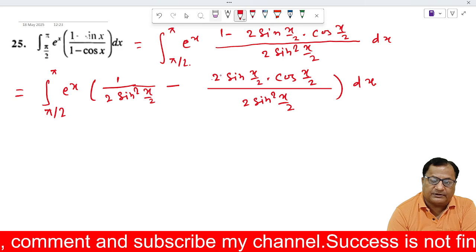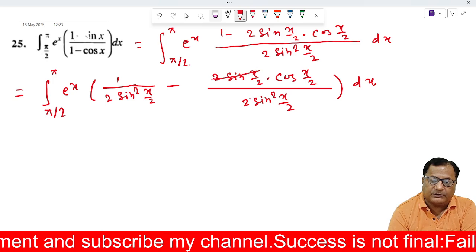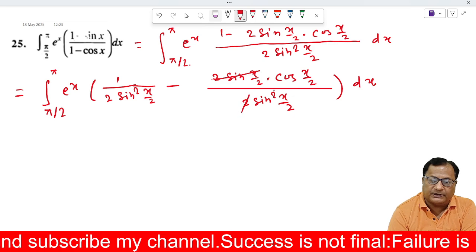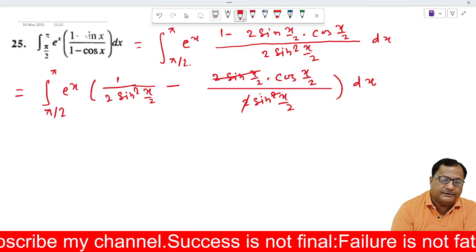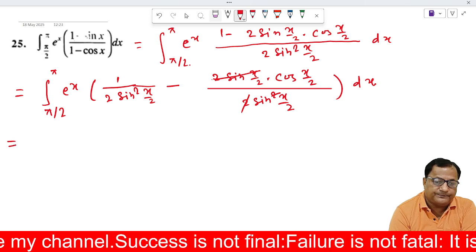So 2 sin(x/2) will cut, and the 2 will cut, and this will be cut.